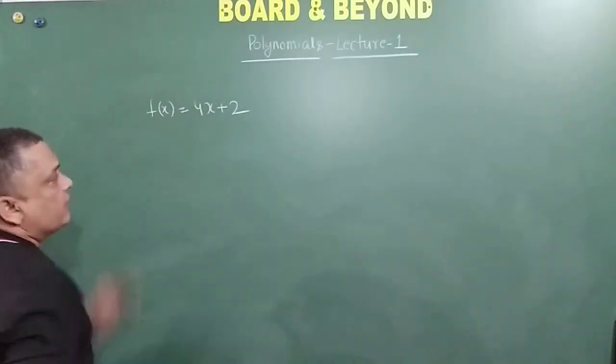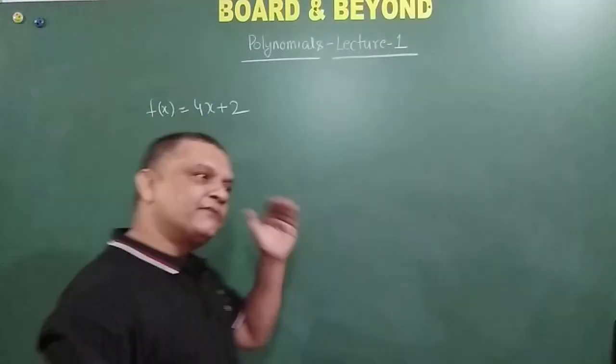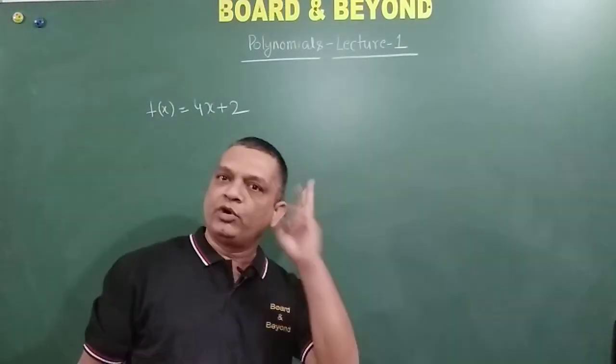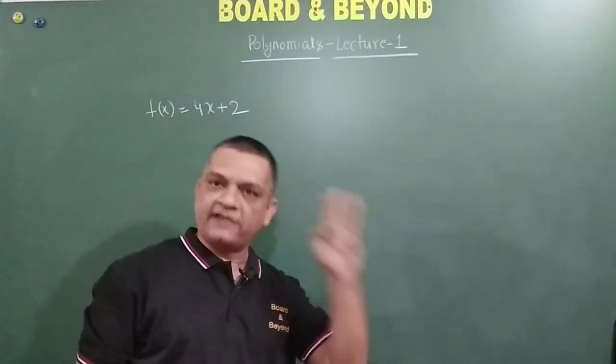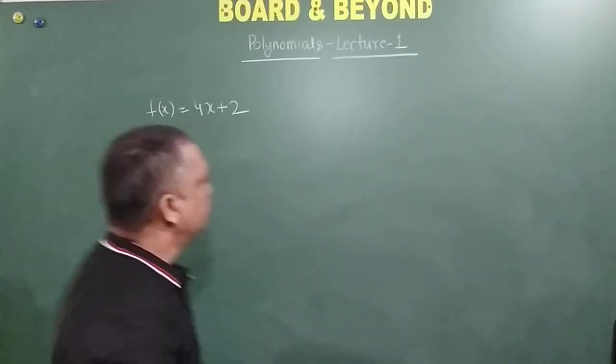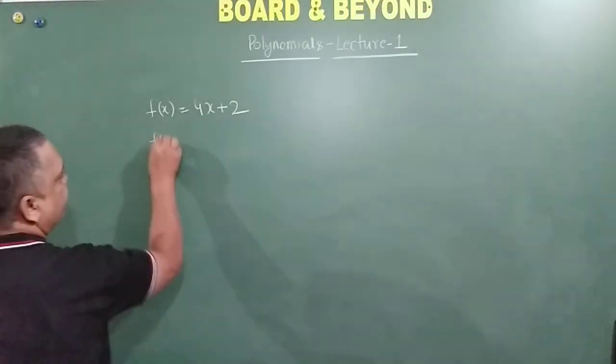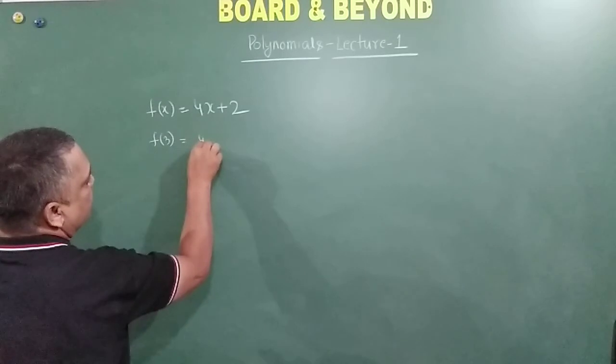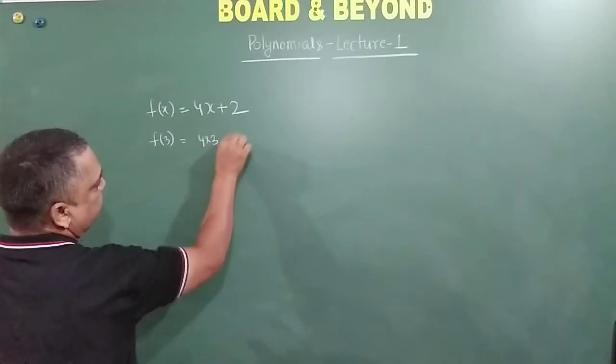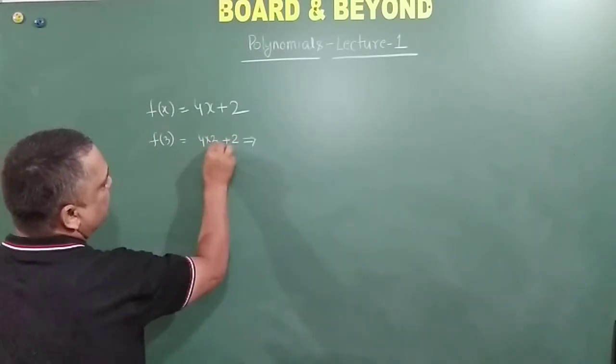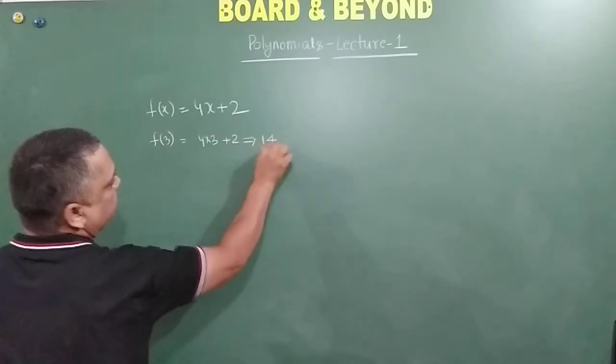We are not going to make it more difficult for us as of now. So, I want to know what will be the value of this f of x at point 3. That means at x is equal to 3, right? So, what do we do? F of 3 is equal to, we just replace x by 3. Which gives me 12 plus 2, that is 14.